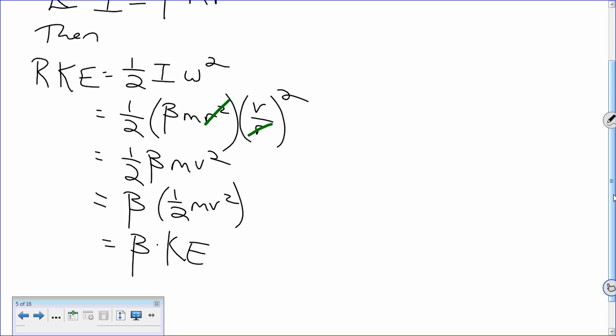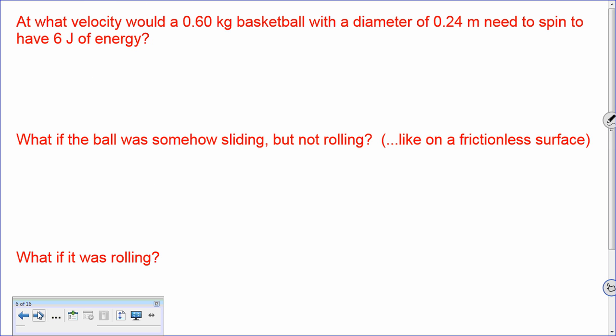Okay, so we got 3 quick examples to do here. It's worded awkwardly, and I wish I had caught this before I printed them up for you guys, but I didn't. So here's the deal. I'm going to give you a basketball under 3 different circumstances. I want you to tell me how fast it needs to be moving or turning so that its total kinetic energy is equal to 6 joules.